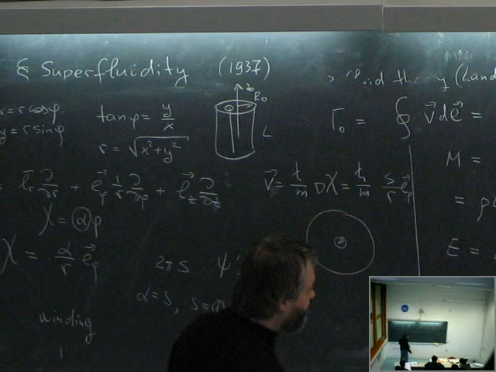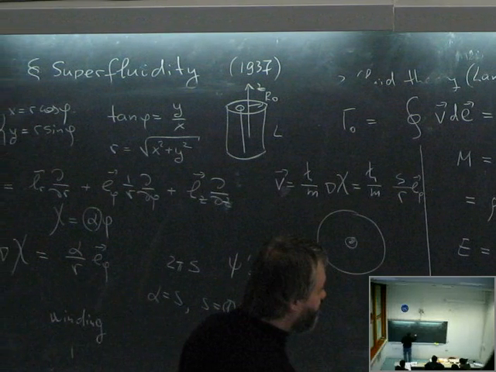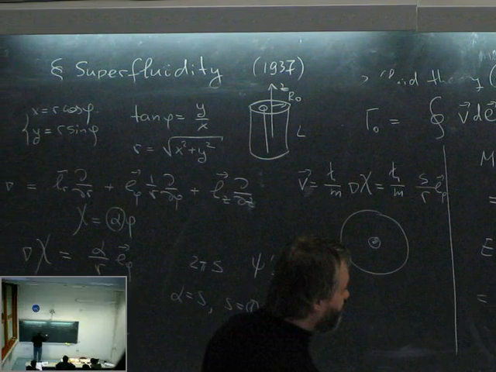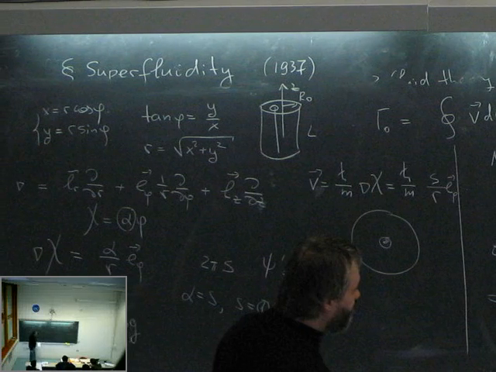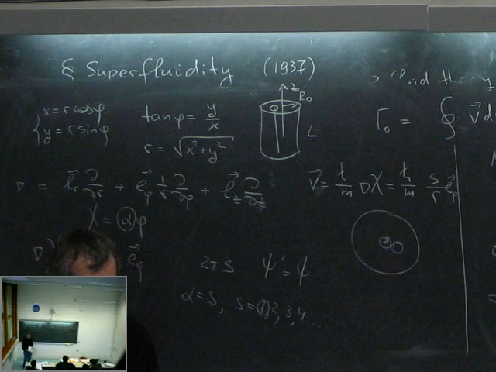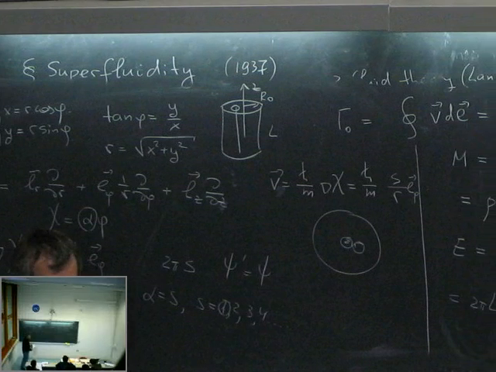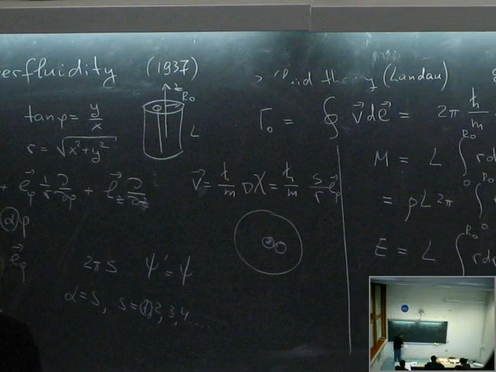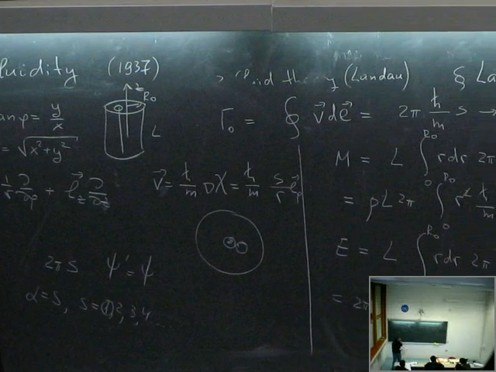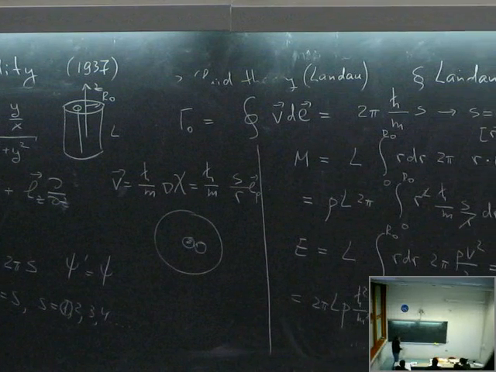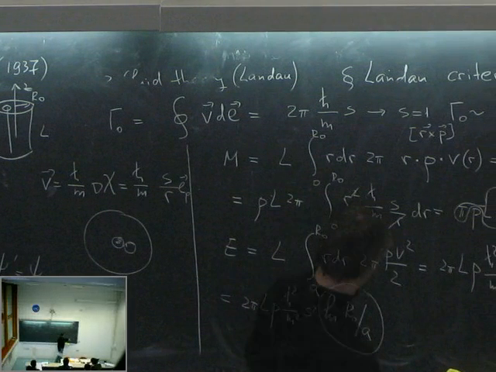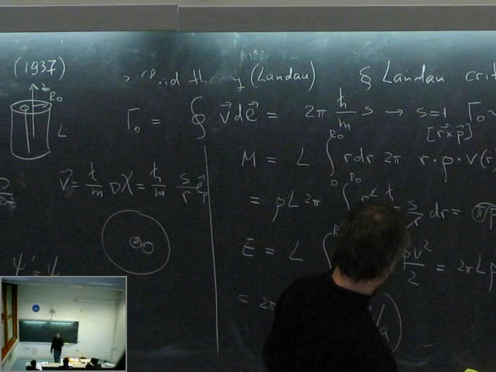Then, if we have two vortices, they cannot merge, because merging of them costs also energy. They can join to a single one, because then you lose this and you lose the energy.